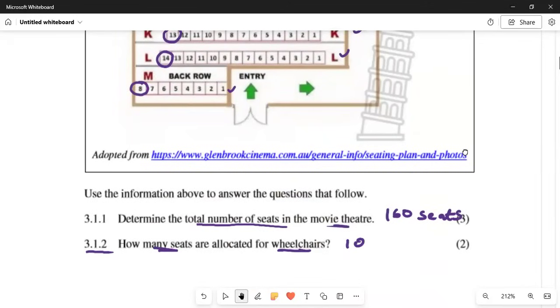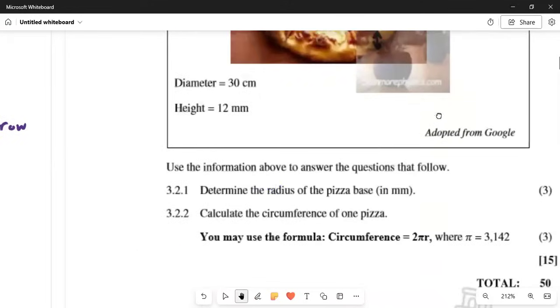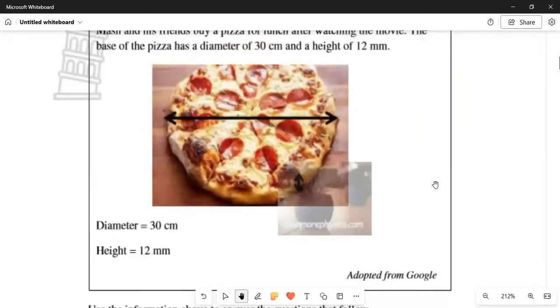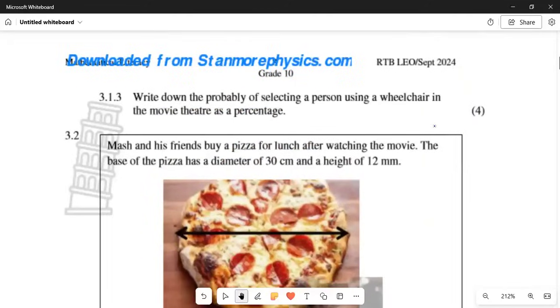Then, moving on, we are now having a continuous question. In this case, that is question 3.3. So they say now, write down the probability of selecting a person using a wheelchair in the movie theater. So the probability is that there are 10 chances out of 160. So we divide that again.